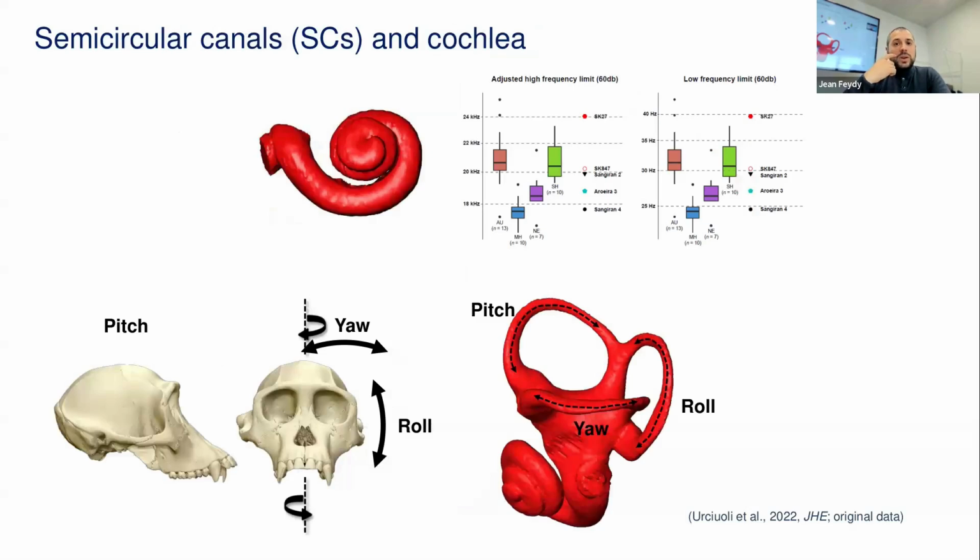So as I said, the cochlea can be separated, and the cochlea is mostly related to audition, to hearing. And depending on the size, volume, and also the length and the number of parameters, this can influence the way we hear sounds. And here you have a plot where you can see, for example, early hominins, Homo erectus, and earlier species of hominins.